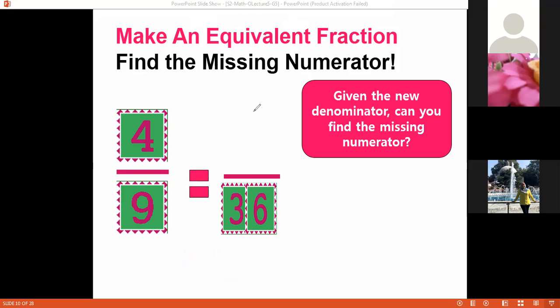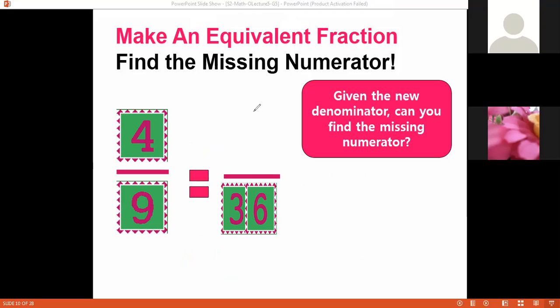How did the 9 become 36? It was 9, it became 36. So 9 times? 9 times 4. Excellent, Hala. So that means I have to multiply 4 by? Also 4. What's 4 times 4? 16.